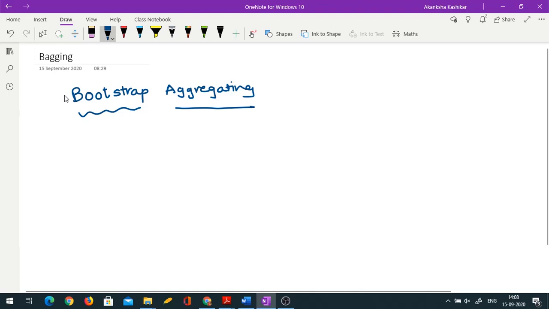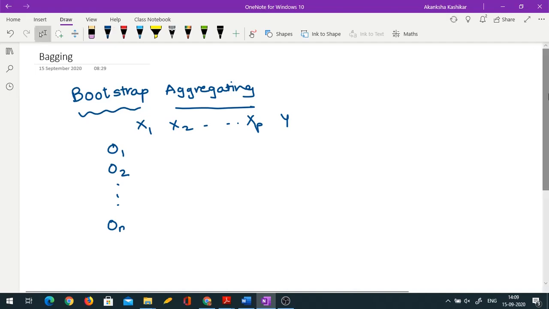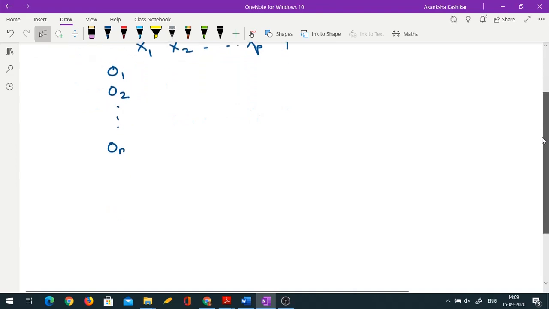So I have a sample O1, O2, On consisting of variables x1, x2, xp. This is my data, and of course I have a response variable y. Using this I have to do modeling via, say, a classification tree or a regression tree.